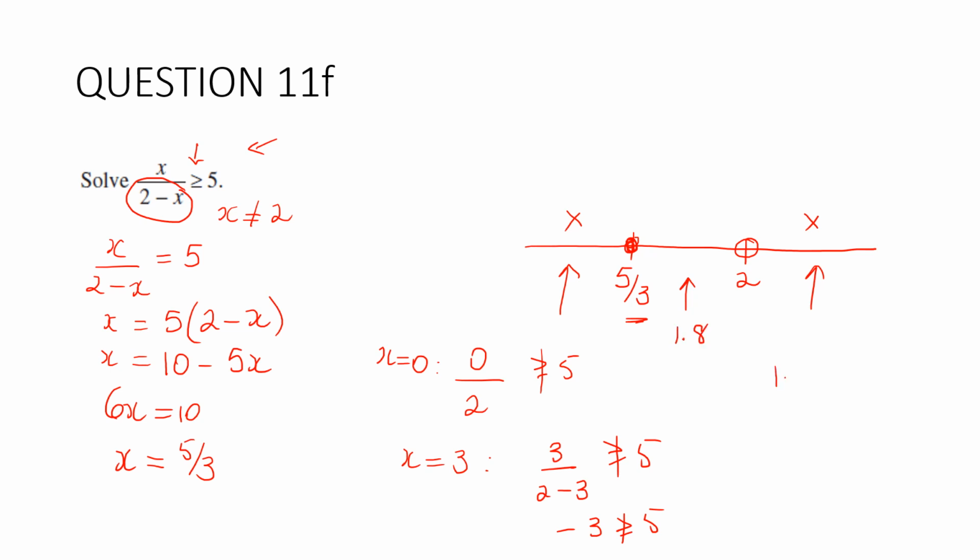So we've got 1.8 over 2 minus 1.8 is greater than or equal to 5. I'm just going to grab my calculator. 1.8 over 2 take away 1.8 is 9. 9 is greater than or equal to 5. Yes, it is. So therefore my answer is going to be 5/3 less than or equal to x less than 2.